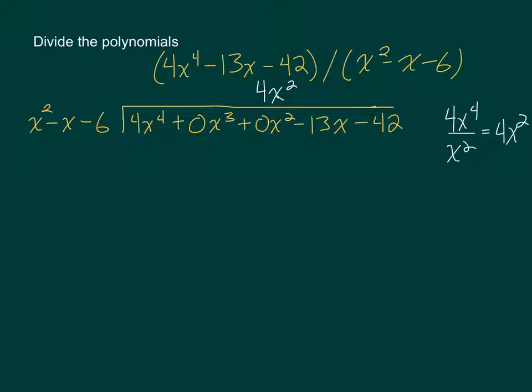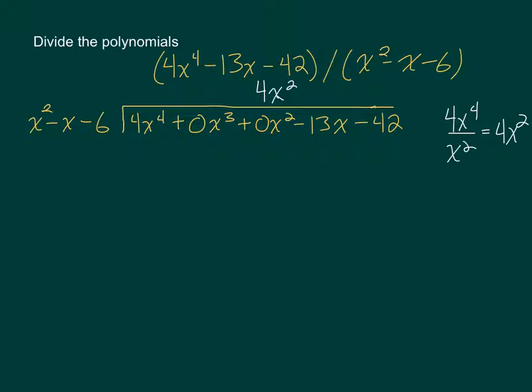If there were no 0x cubed and no 0x squared, we would have had to pick, do we put 4x squared above 4x to the fourth or above 13x? Luckily, you have these terms here so you can line up all of the x squareds.